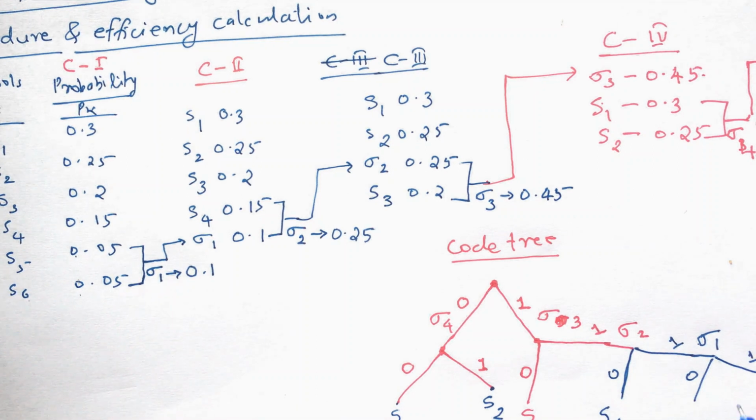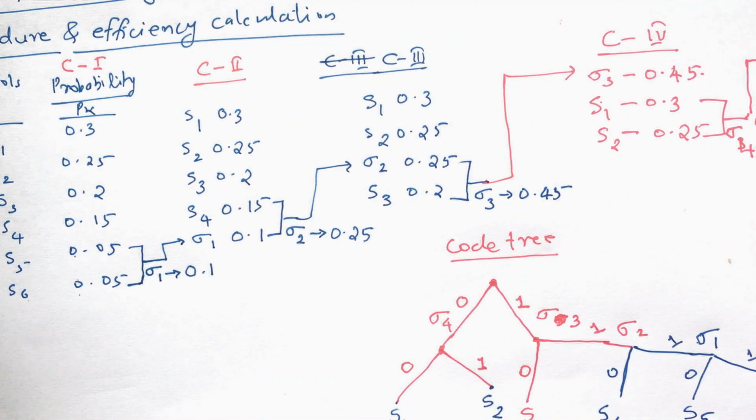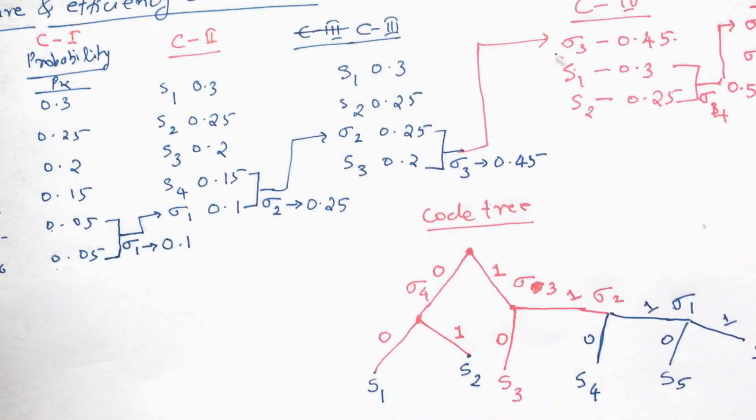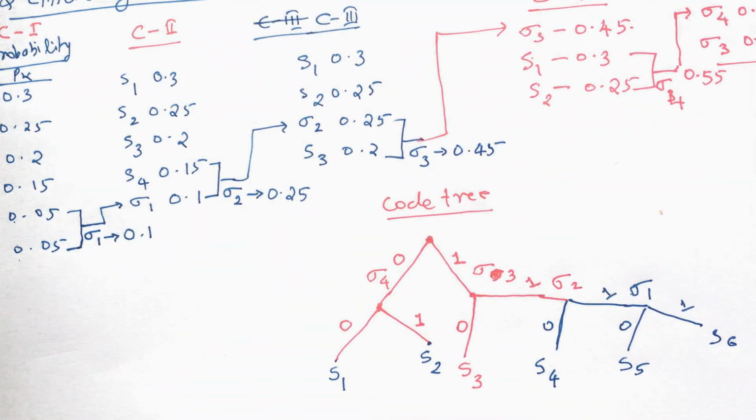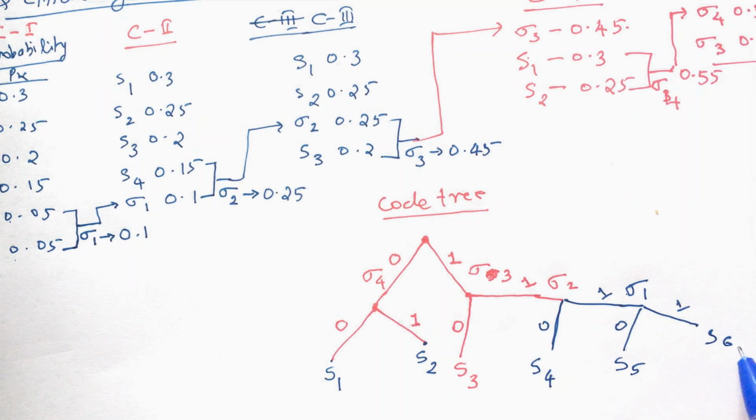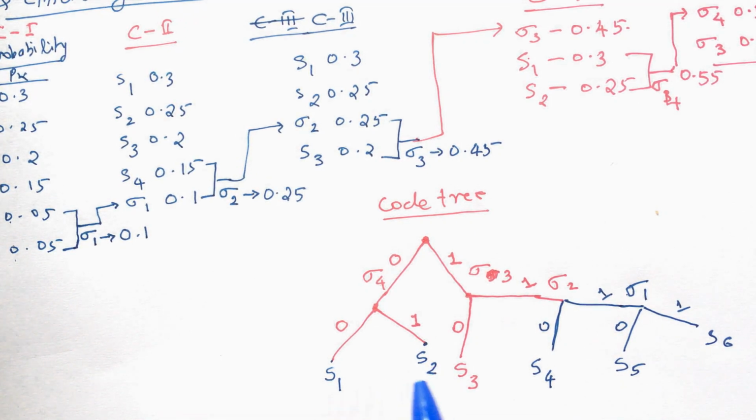So this is S5 and this is S6, because sigma 1 is the combination of S5 and S6. So in all the branches we got S1, S2, S3, S4, S5 and S6, all the source symbols.